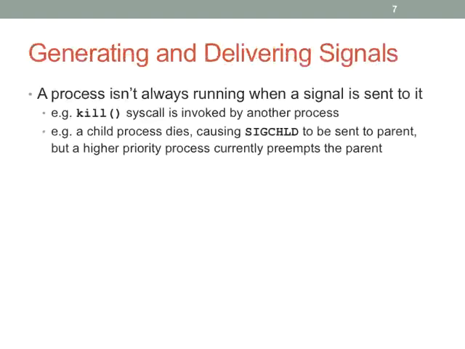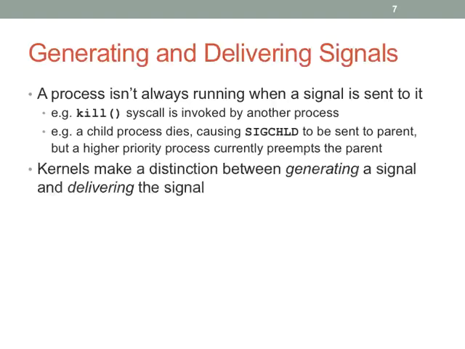Now, if you have something like a kill, SIGCHLD, you can see that the process that is going to receive a signal isn't always necessarily the one that's running when the signal is generated to send to the process. So the kernel makes a distinction between generating the signal and delivering it.